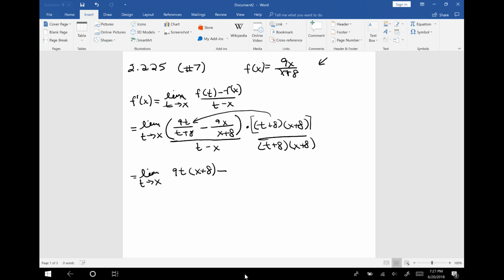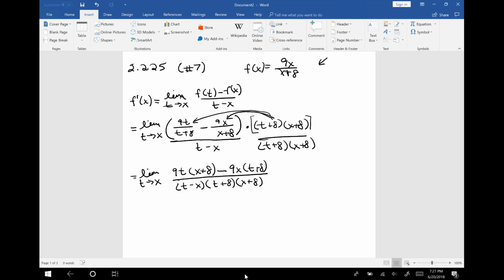All right, let's do the second term. Let's distribute the whole thing to this fraction. When we distribute that whole thing, the x plus 8s are going to cancel, and we're left with 9x times t plus 8. That's going to be divided by that whole denominator, so I'm just going to write that: t plus 8 times x plus 8.